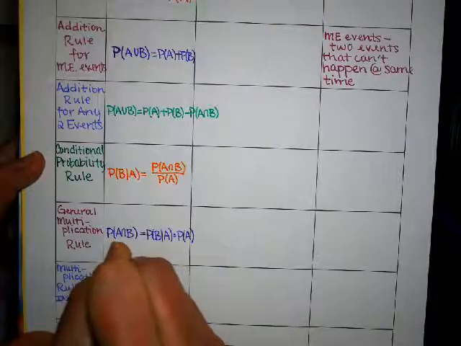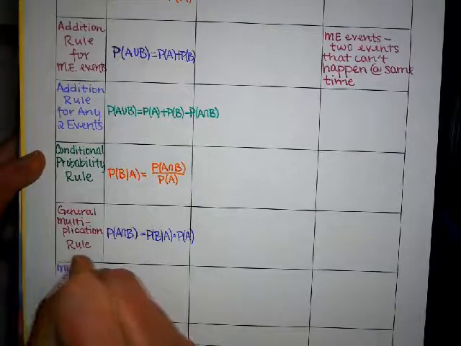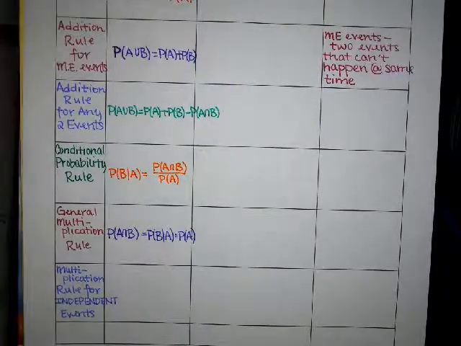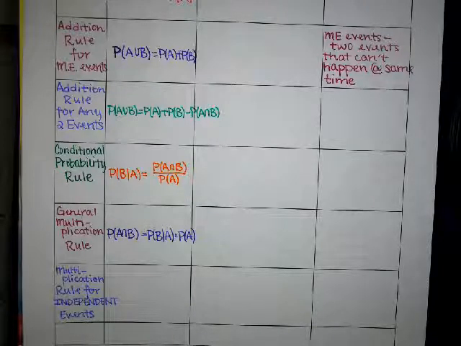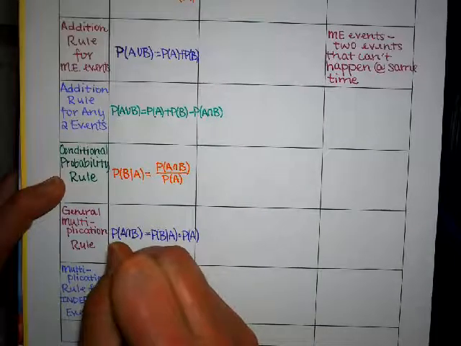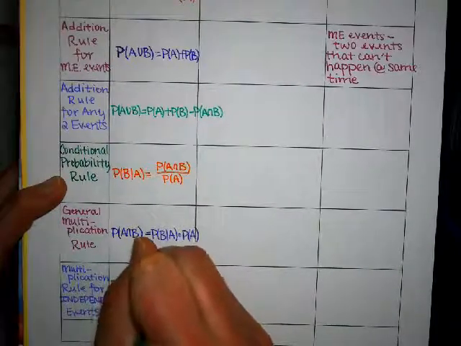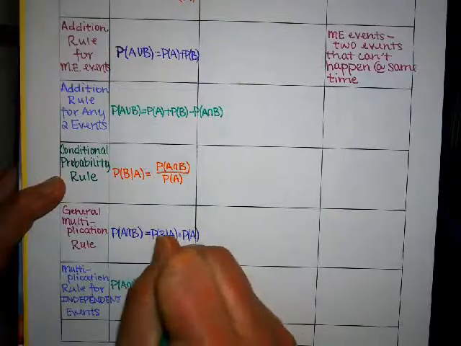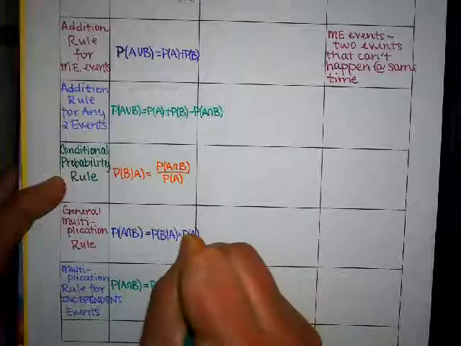I was doing so good staying in the boxes, and the word independent came into play. So if A happening has no effect on the probability that B happens, our multiplication rule got a little simpler, and the probability of A and B happening is just the probability of B times the probability of A.